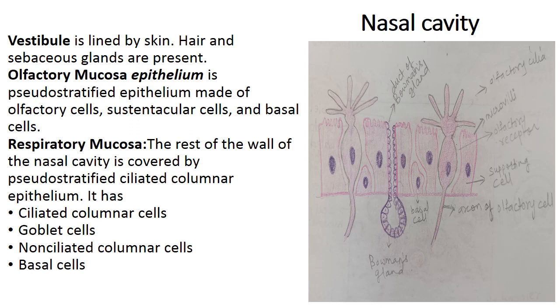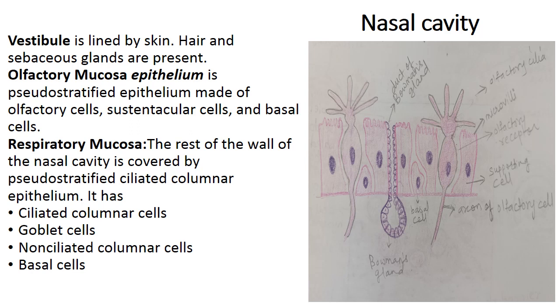The second part of nasal cavity is olfactory mucosa and it is confined to a small area on superior nasal concha and on the adjoining part of the nasal septum. Olfactory mucosa is yellow in color in contrast to the pink color of the respiratory mucosa. It is lined by the pseudo-stratified columnar epithelium and as you can see in this diagram, it has olfactory cells, sustentacular cells and basal cells.